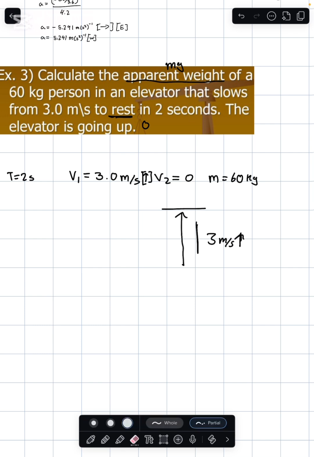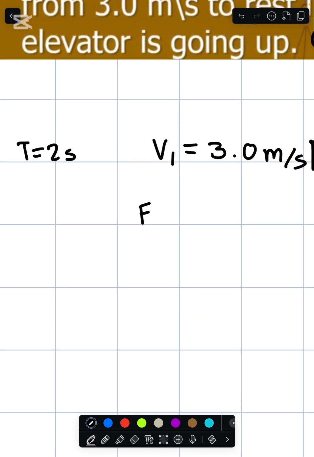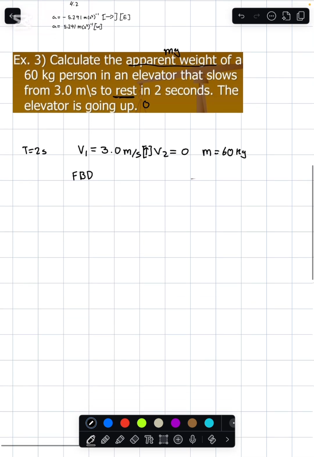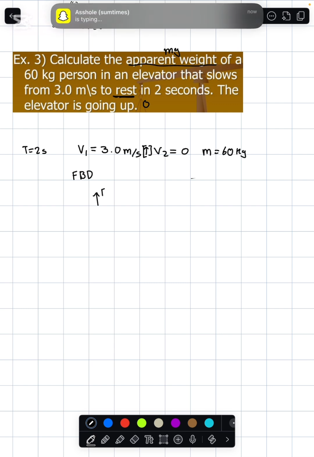I'm smart. So let's draw our FBD to start off with so we can understand what's going on in this problem. So our FBD diagram, free body diagram. So we're going to have our force normal and FP contradicting our force of gravity.